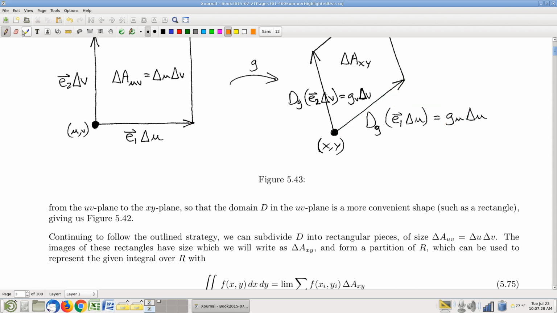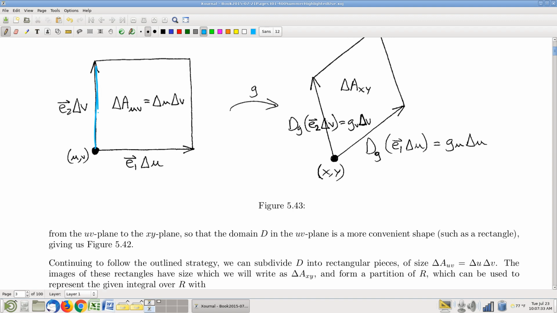Likewise, if you look at this second side of our rectangle, it's going to have an image, which is the second side of our parallelogram. And again, it's a matter of plugging into the derivative transformation.